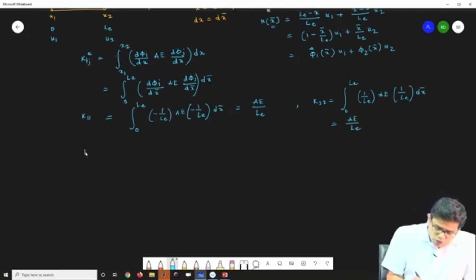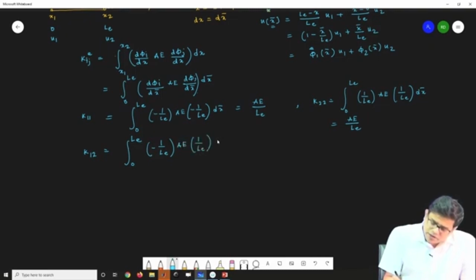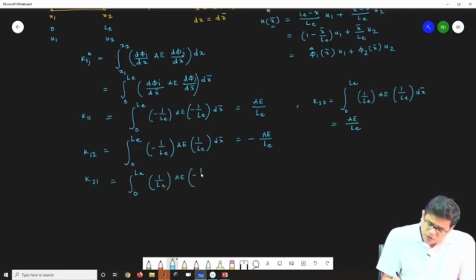Now K12, if I integrate, it will be minus 1 by LE times AE times 1 by LE, dx bar, which is simply minus AE by LE. Similarly K21 gives AE times minus 1 by LE, dx bar, which is also minus AE by LE.